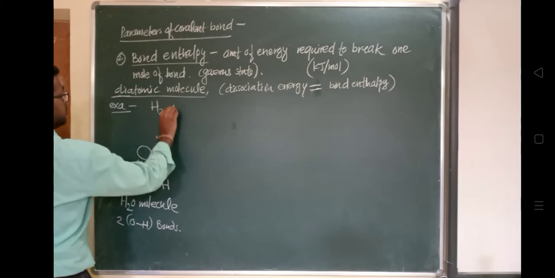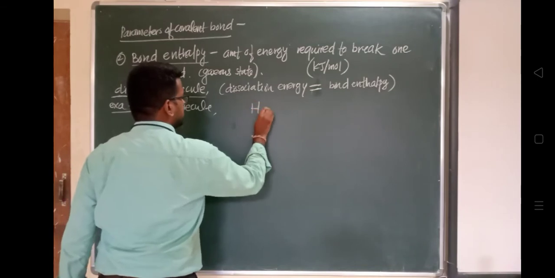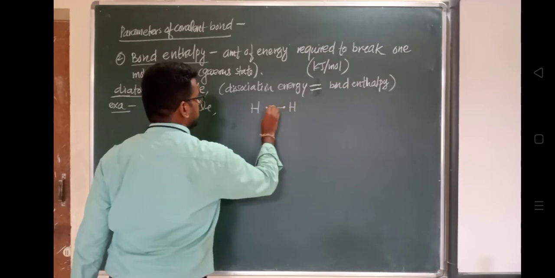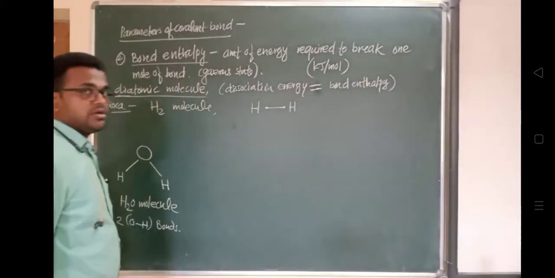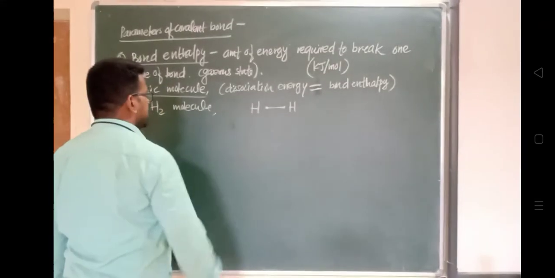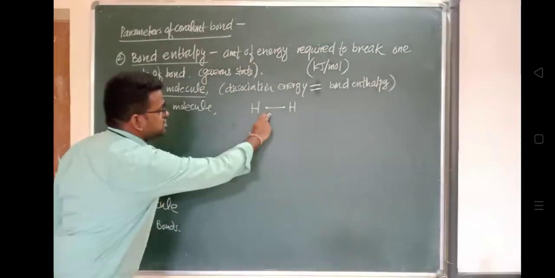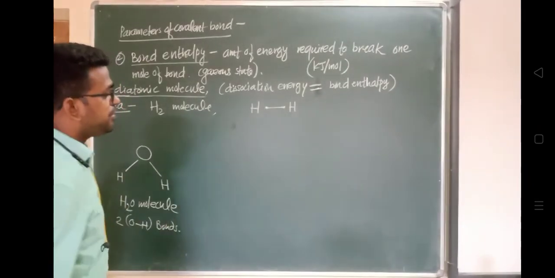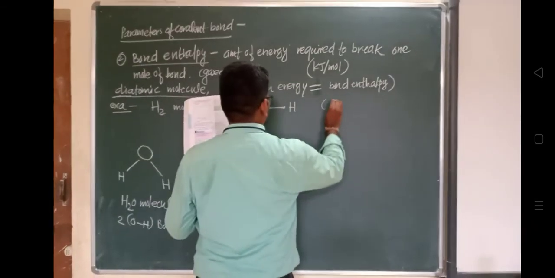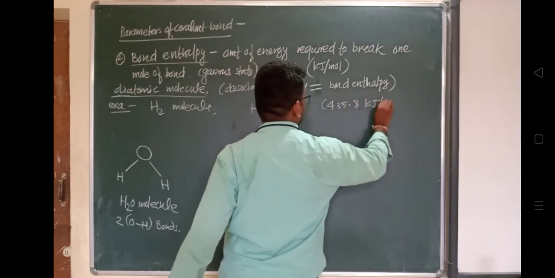The amount of energy required to break this covalent bond between these two hydrogen atoms, the bond enthalpy, is 435.8 kilojoule per mole. This much energy is required to break the HH covalent bond.